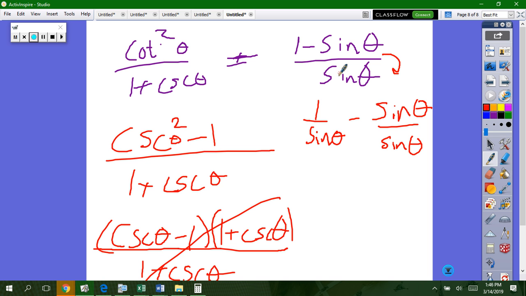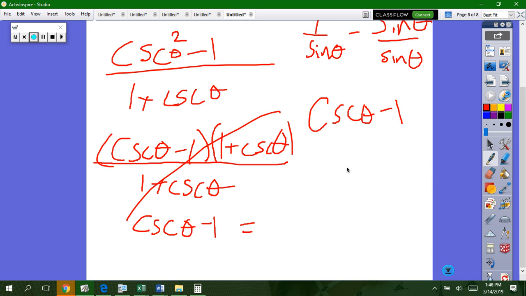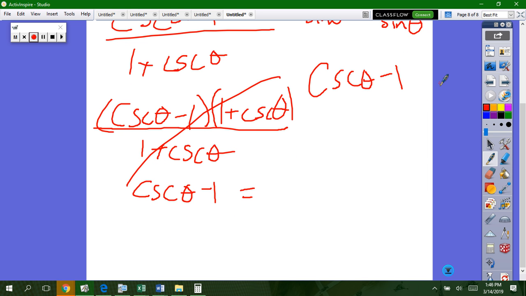All I did is put him under individual items, right? 1 over sine minus sine over sine, which is cosecant theta minus 1. Look at that, guys. I got them equal to the same thing. Can you work on both sides if needed to get them to equal something? Yes. Okay?